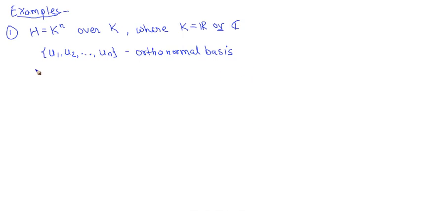So this is the orthonormal basis where u_i is 0, 0 and so on, then 1, then again 0, and all others are 0, where this 1 is in the ith place. So u_1 is 1, 0, 0 and so on.